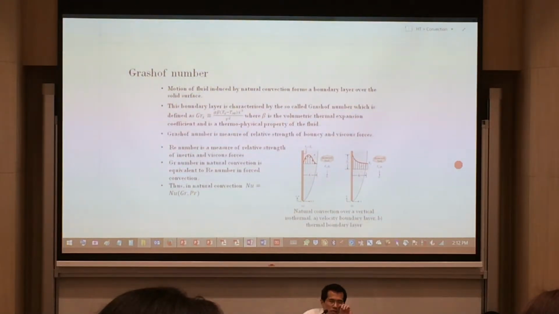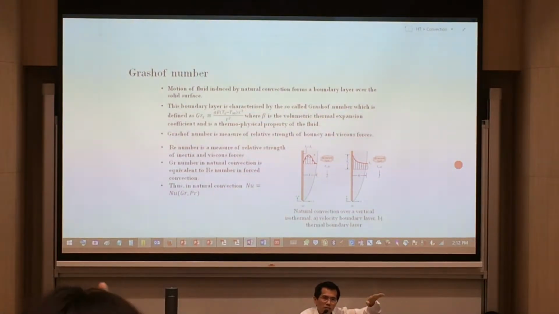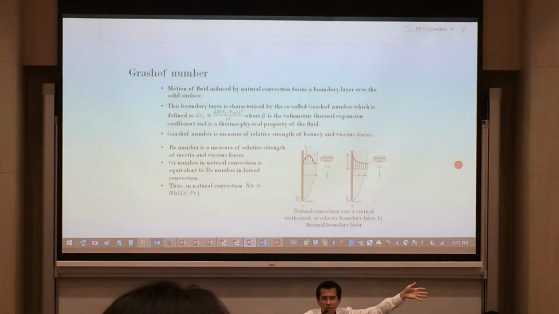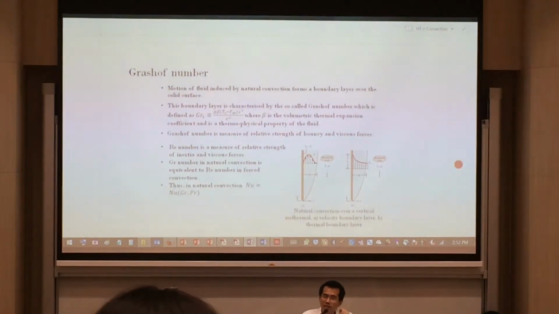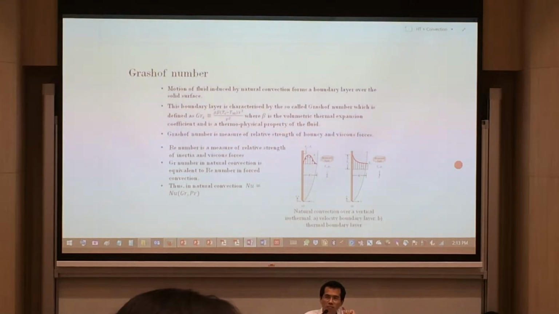Now you have heard about Reynolds number over a plate, and we were saying that if Reynolds number is at a certain critical number, or lower than a certain critical number, we say that flow is a laminar flow. And that number would be 5 times 10 to the power 5. That's updated in your latest example.